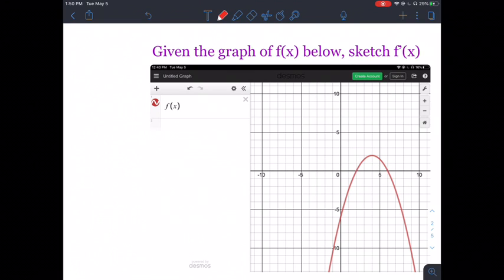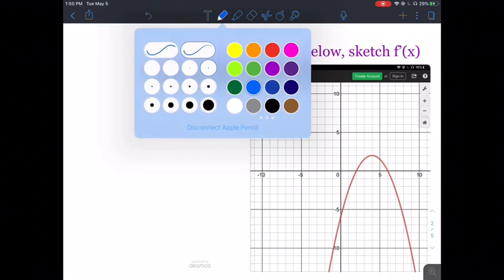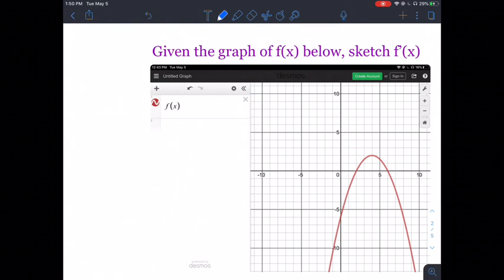All right, so the process here is, I have to be exact on two things. Where are the zeros of my derivative? So my f prime of x is going to equal 0 where, and whenever I talk about where, it's always an x value, where f of x has a horizontal tangent line.